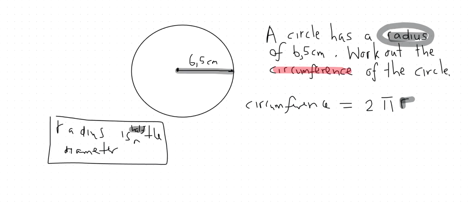So to find the circumference, I am going to apply the formula 2 pi r. The circumference of this circle is going to be equal to 2 times pi times the radius, which is 6.5.